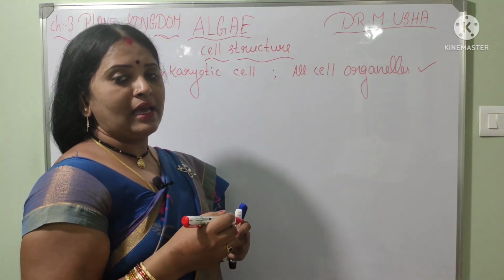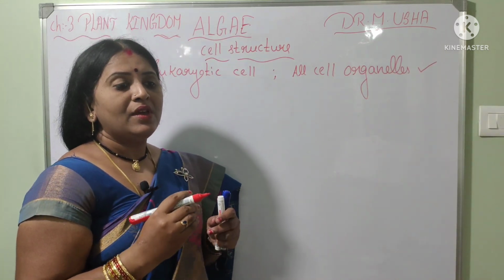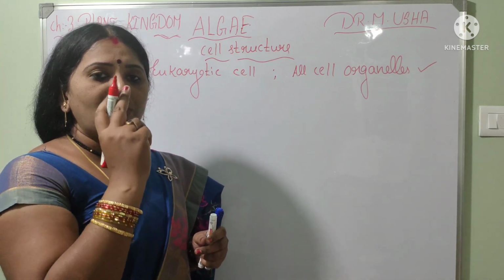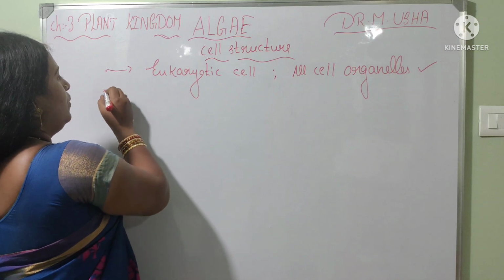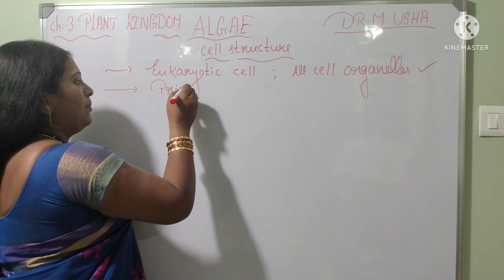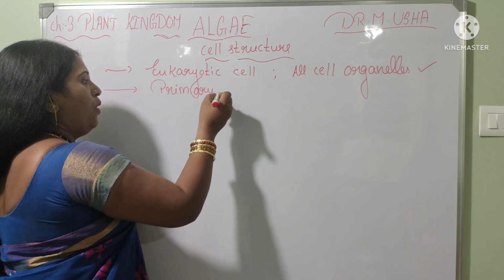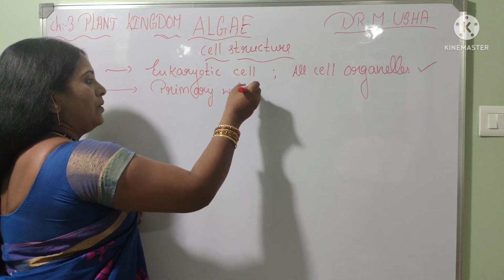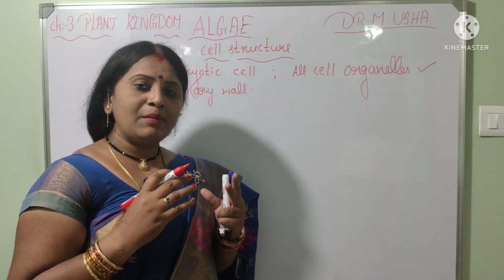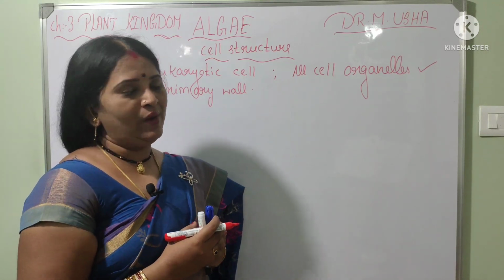The cell wall mainly has only the primary wall. Only the primary wall is present in algae.